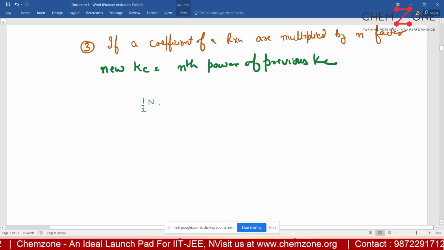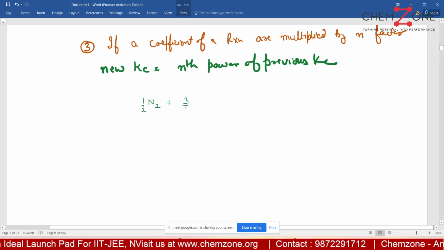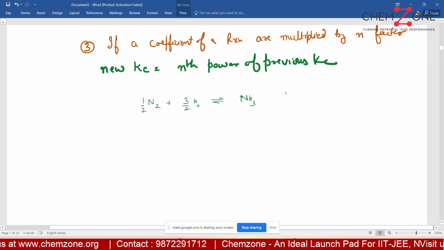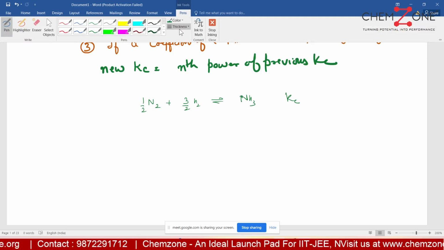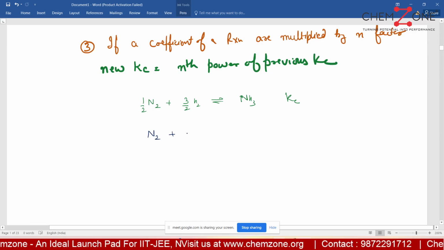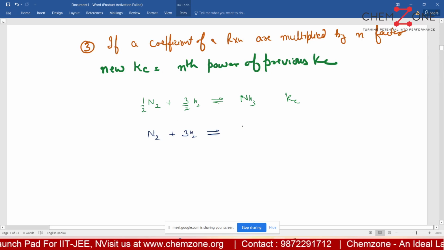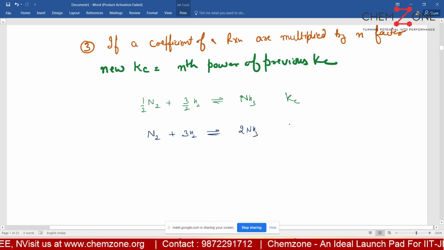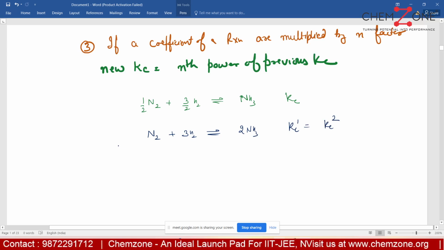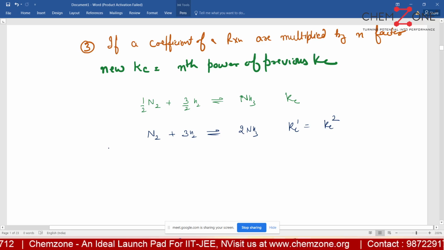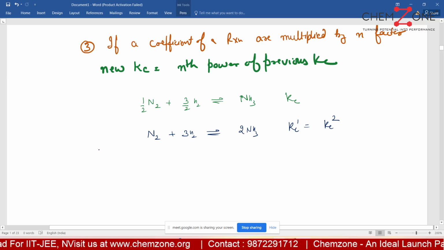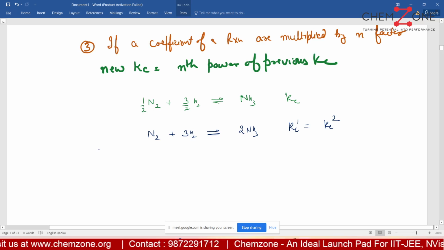Suppose I am given this equation, half mole of N2, 3 by 2 moles of H2, to give 1 mole of ammonia. For this, I have an equilibrium constant Kc. Now I'm multiplying the whole equation by 2: N2 plus 3H2 to give 2 ammonia. The new equilibrium constant will be Kc to the power 2. Am I clear?